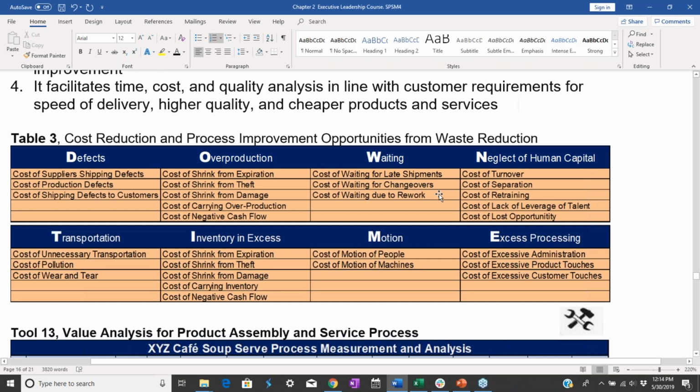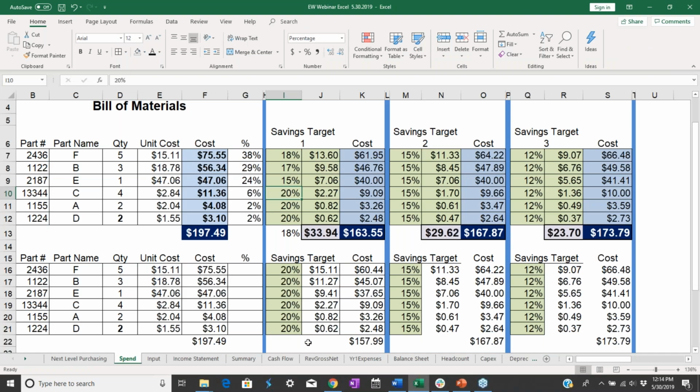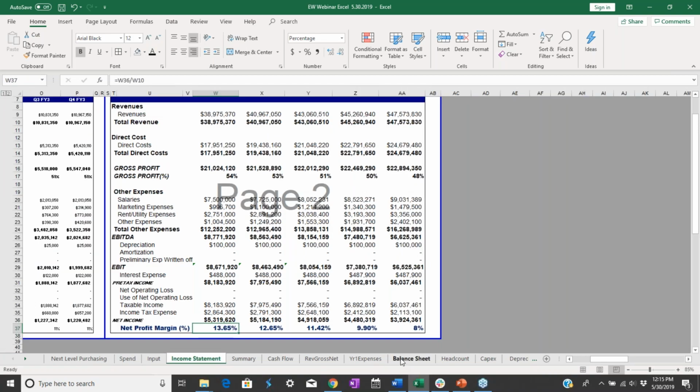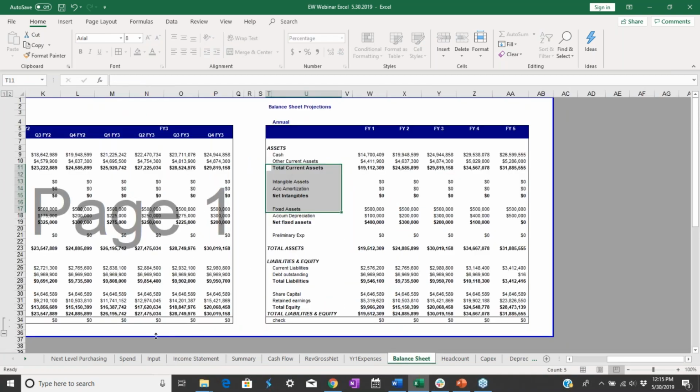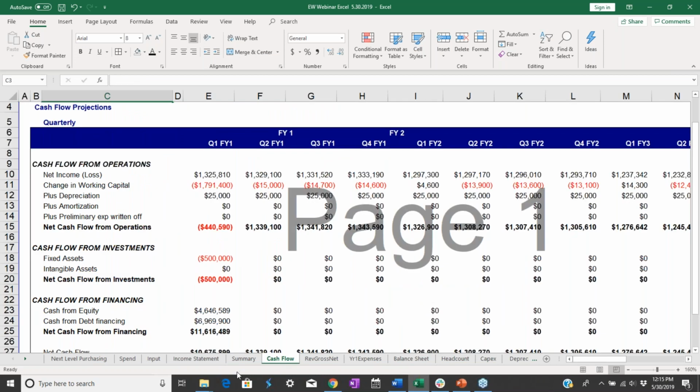Also, this type of mechanism could be very, very helpful if we understand our yield and our scrap rate. And again, we build the necessary matrices in Excel, and we look for cause and effect relationships with our income statement, how these decisions affect our balance sheet, and how they affect our cash flow position.